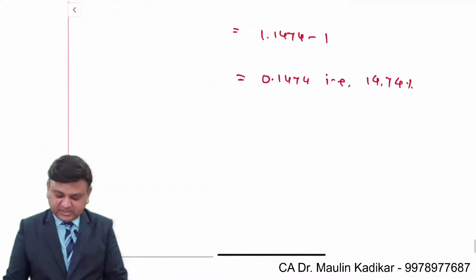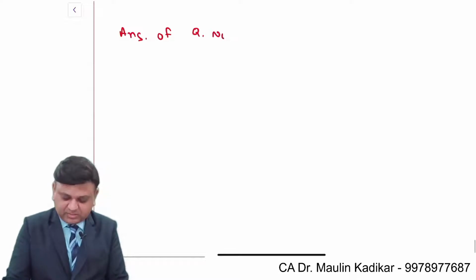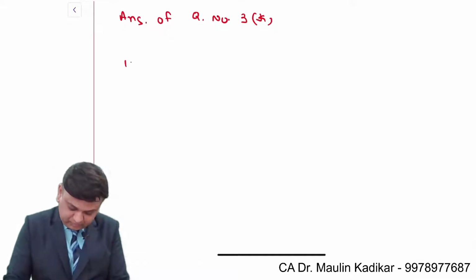So we can say something like this. Write an answer. Answer of question number 3K. In that, write down: first question.